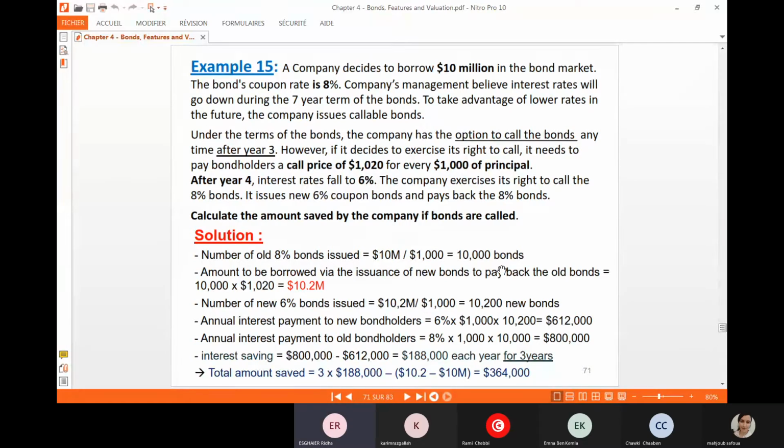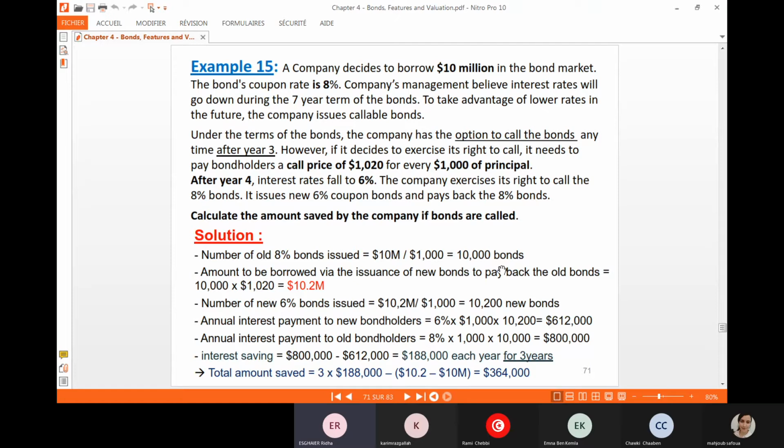What happened is that after year 4, interest rates fall to 6%. They were 8%, now the interest rate is 6%. The company, of course, will profit from this drop in the interest rates and try to reduce its interest expenses. So what does it do?